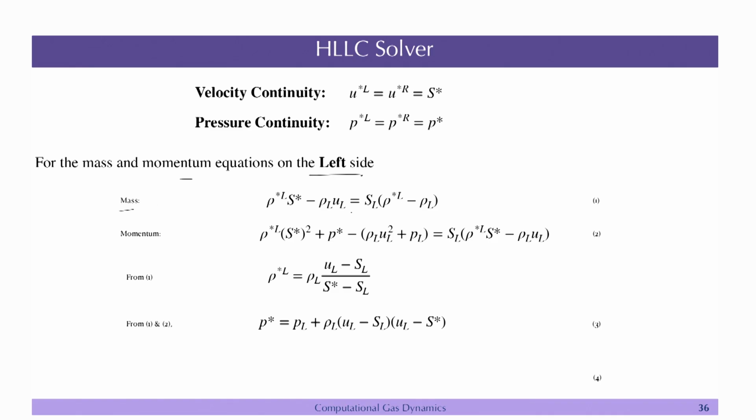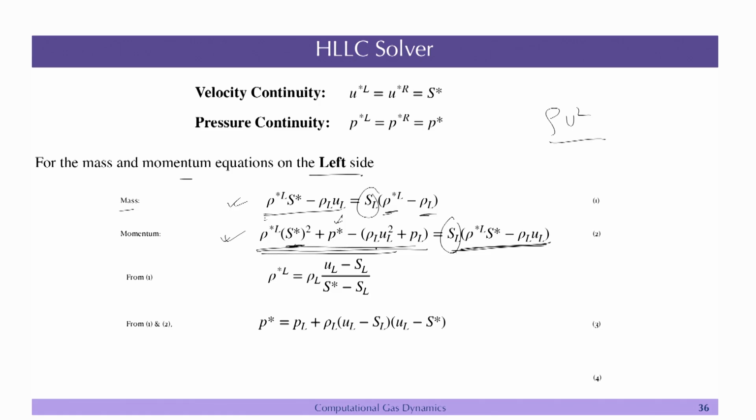For mass we have rho 1 u 1 minus rho 2 u 2 equal to SL into rho star L minus rho L. Similarly, for momentum we have rho u square plus pressure on the left hand side, and this has to be equal to SL times rho star L S star minus rho L uL. So, the momentum change multiplied by SL should be equal to this quantity.